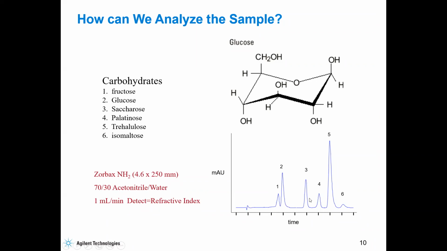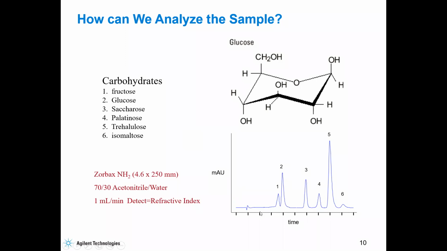But like I said, for you to know the elution pattern, you use standards. The standard will tell you, when you inject a fructose standard, it will have its own retention time. Glucose will have its own, sucrose will have its own, lactose will have its own, and each of the carbohydrates will have their own specific retention time.